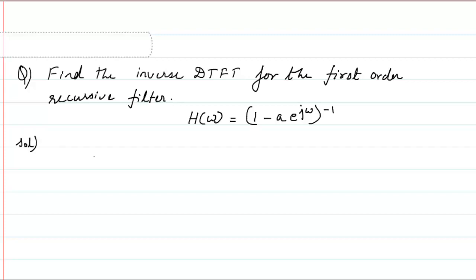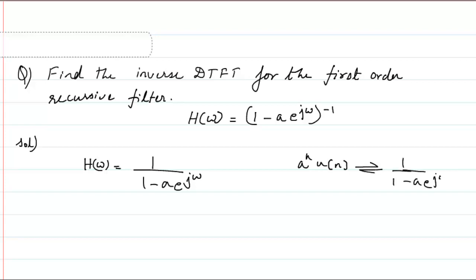Now I can very simply write that H of omega is 1 divided by 1 minus a e raised to power j omega, from which if you would try to take the inverse discrete Fourier transform, we have already seen that a raised to power n, u of n is going to be 1 divided by 1 minus a e raised to power j omega.